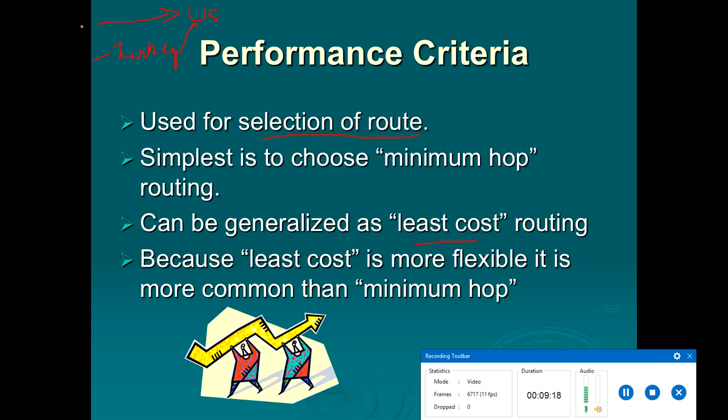The third option is, this one is the first option, this is the second option, and this is the third option. Third option is from Saudi you go to Turkey, then from Turkey you go to UK maybe, then from UK you go to US. Now if I go with minimum number of hops, my first choice does not have any stoppage in between, so that should be ideally my choice.